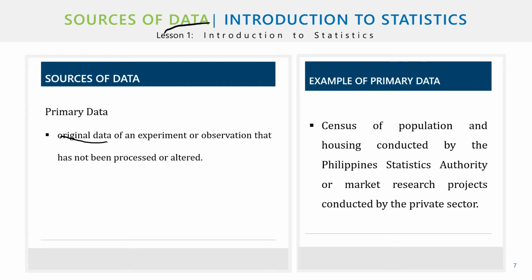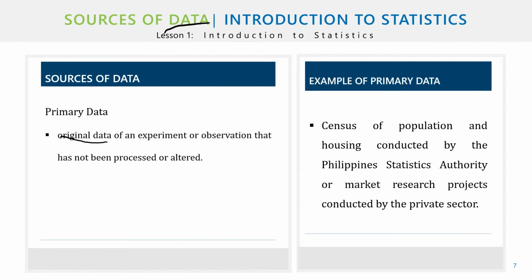Ikaw yung batayan. Diba? So, another example of primary data is the census of population and housing conducted by the PSA or Market Research Project conducted by the private sector. So, kapag sinabi natin primary data, ano nga ulit yan? Anong tinutukoy?